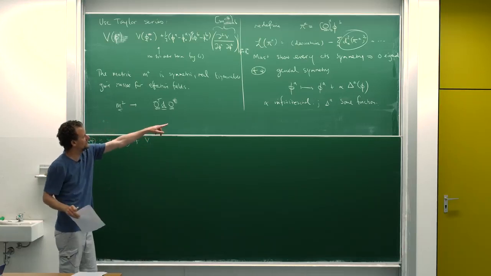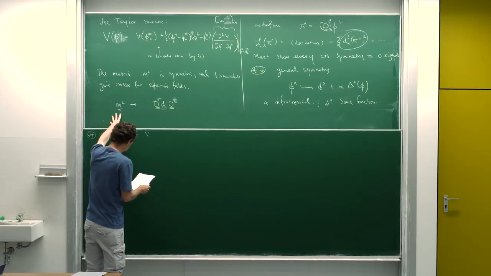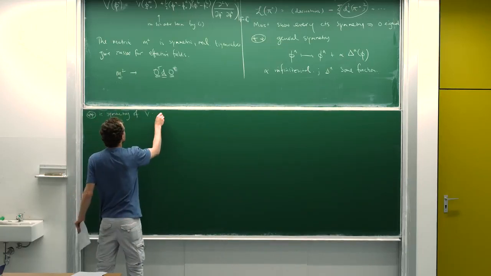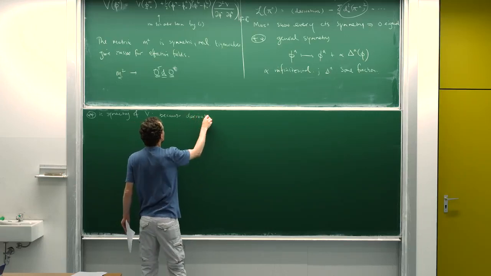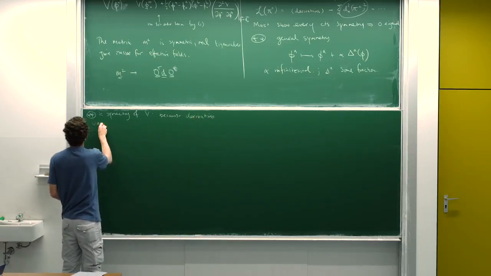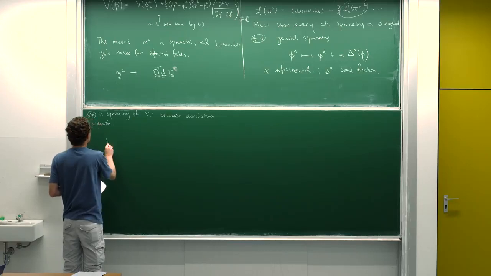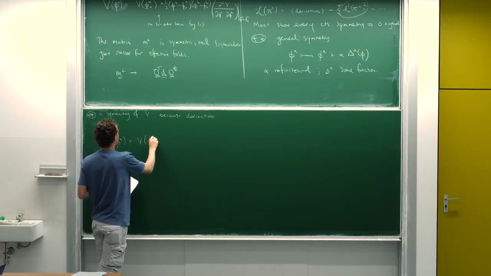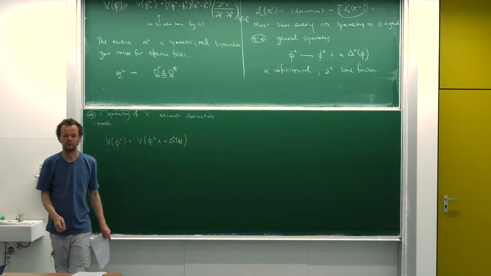So this transformation there is a symmetry of the potential, right? Because the derivatives vanish. So that means that V of phi A equals V of phi A plus alpha delta phi A. Okay, that's pretty easy.